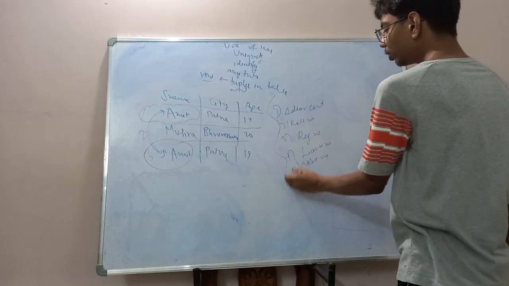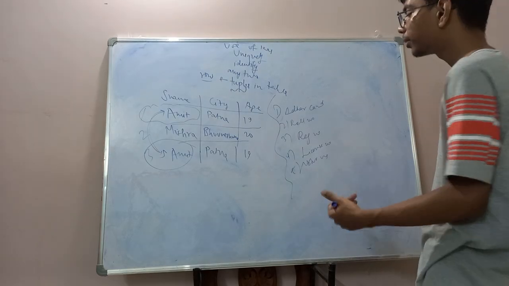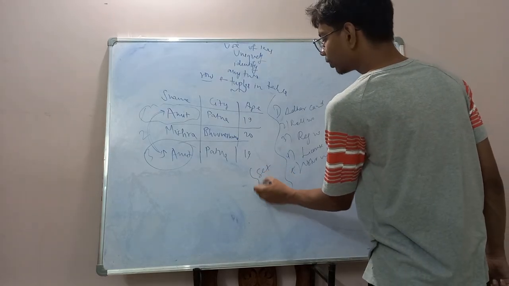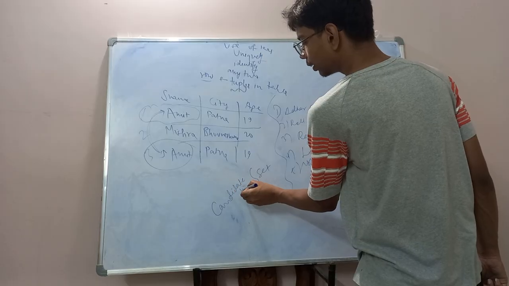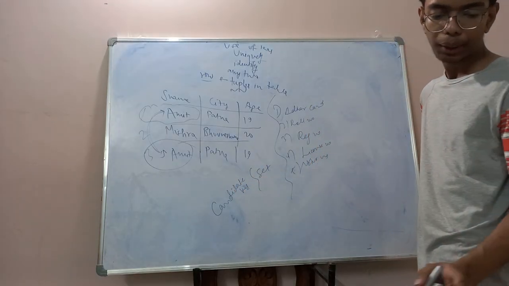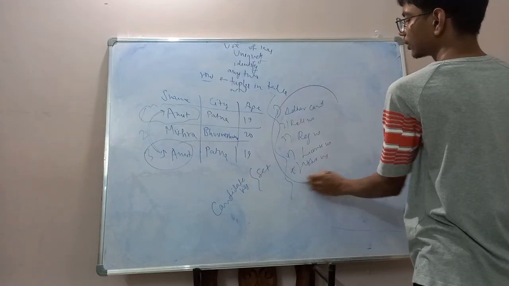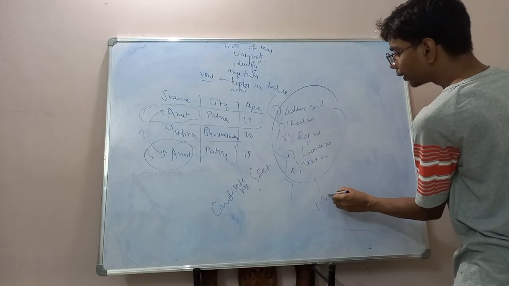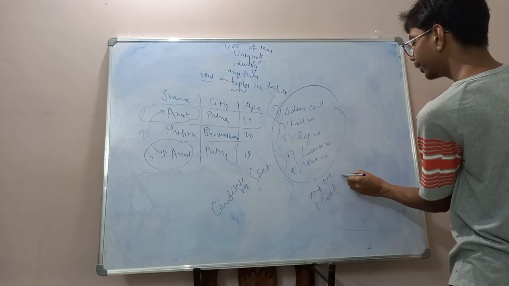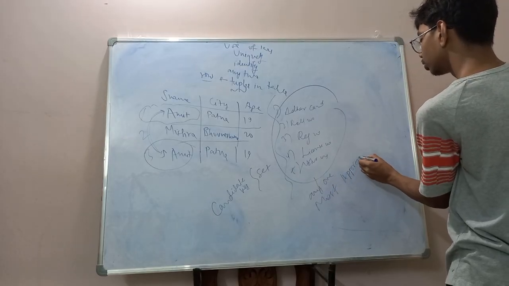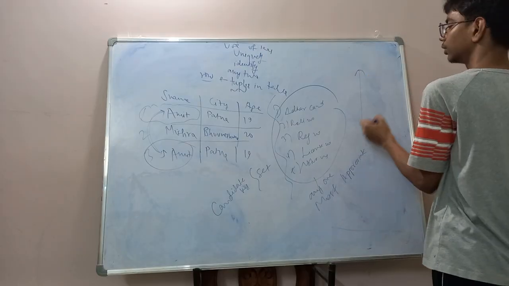So these attributes combinedly form a set, and that set is called a candidate key. Now, what happens? Any one key out of these which is most appropriate for my table, I will take that.